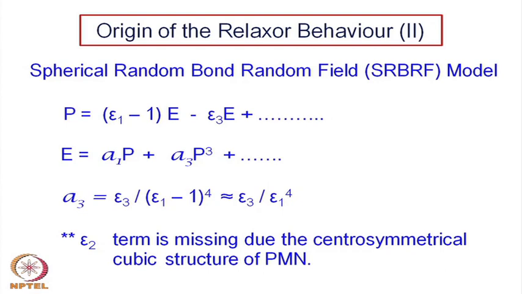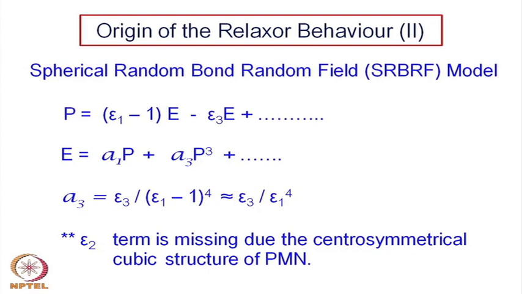This can be written in another way, E equal to A1 P plus A3 P cube, where A3 is basically epsilon 3 by epsilon minus 1 whole to the power 4, which is approximately equal to epsilon 3 by epsilon 1 to the power 4.